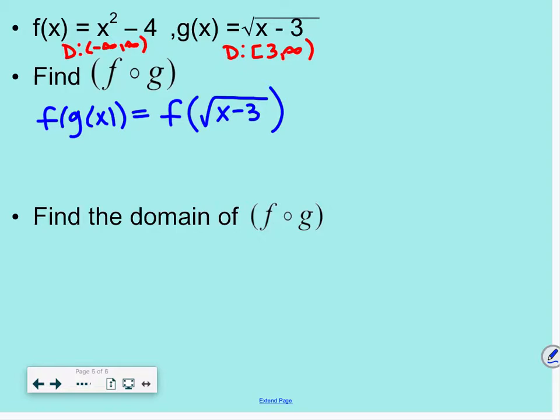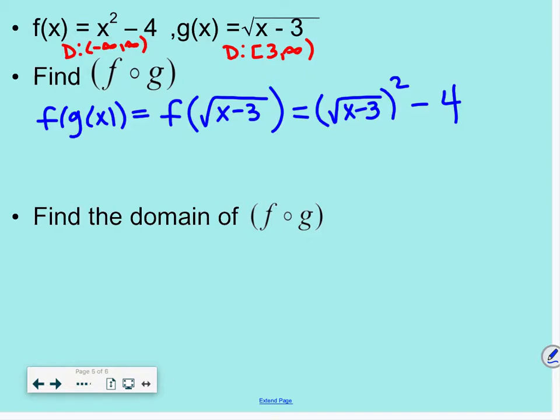Now our job is to take radical x minus 3 and plug it into f. Anywhere there's an x in our function f, we're going to replace it with this. So function f is x squared minus 4, but instead of x, we have to write our g function.